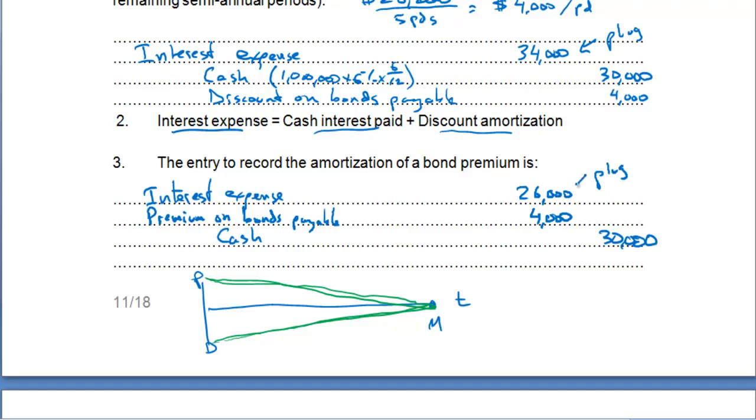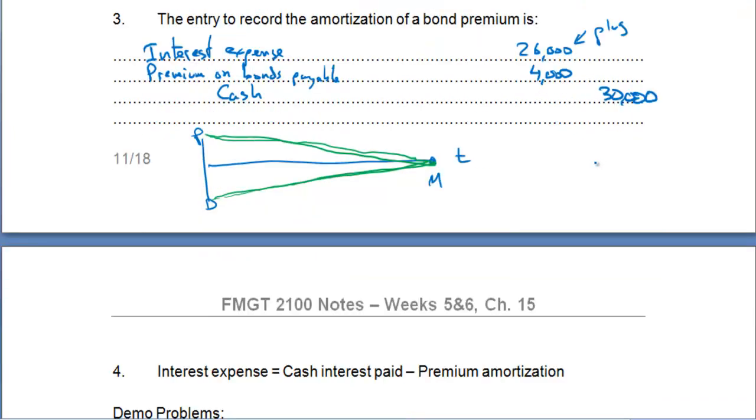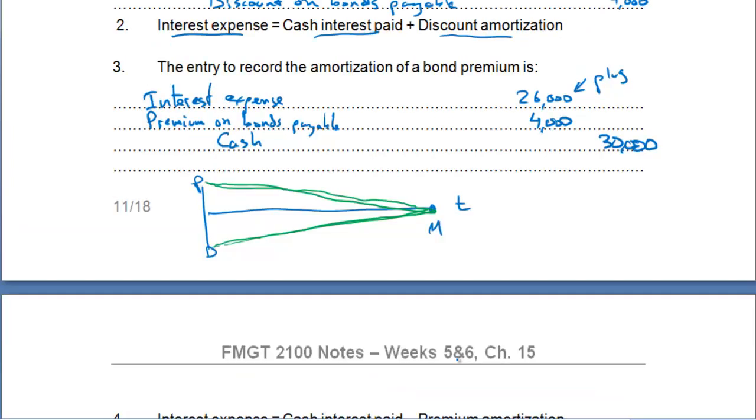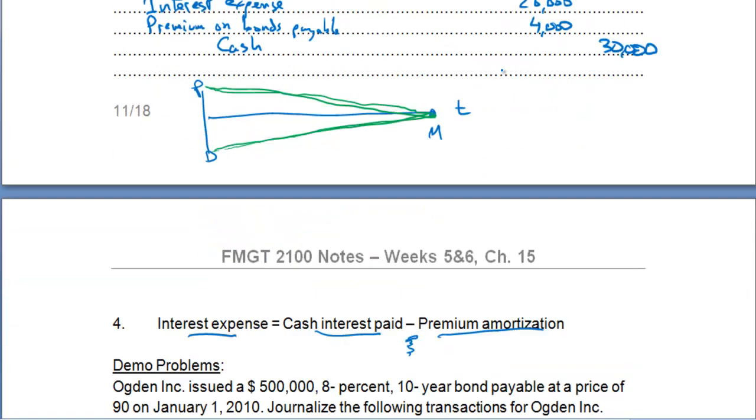Again, that is the plug. Okay? So that is how we go about recording the amortization of a premium. And again, the interest expense in this situation is the cash minus, not plus, minus the premium amortization. Right? So it was plus the discount amortization, minus the premium amortization.